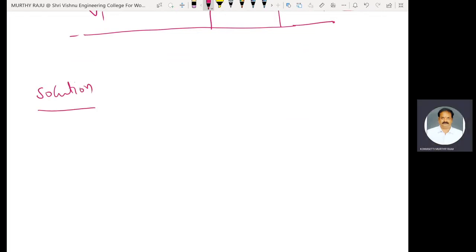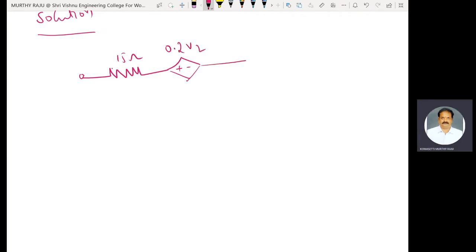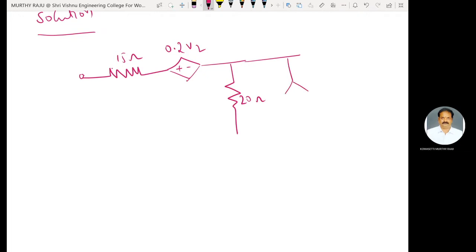Solution of the circuit. First to draw the circuit: 15 ohms, plus minus 0.2 V2, 20 ohms, (0.4 I1).